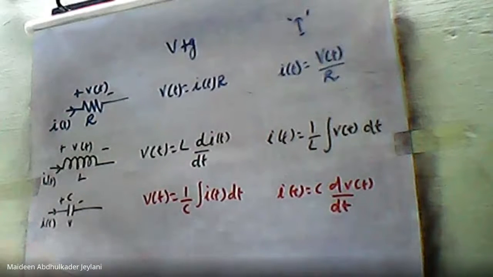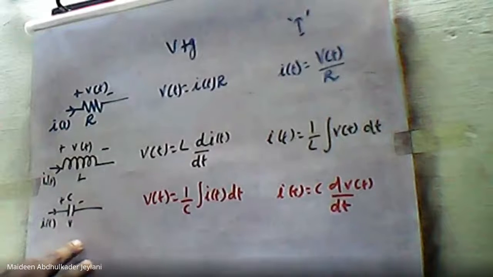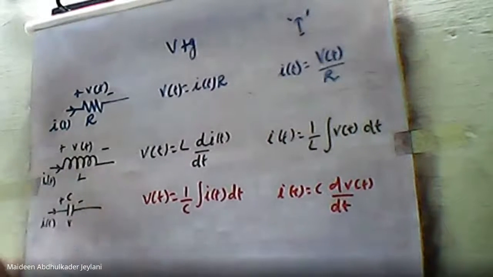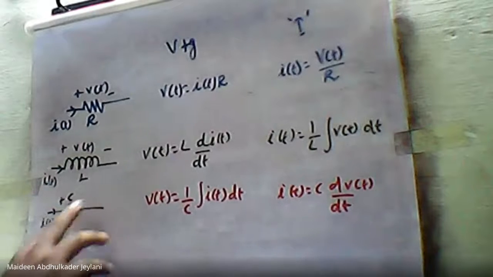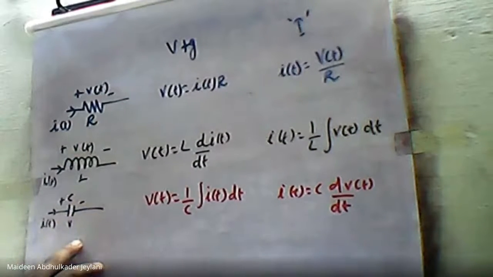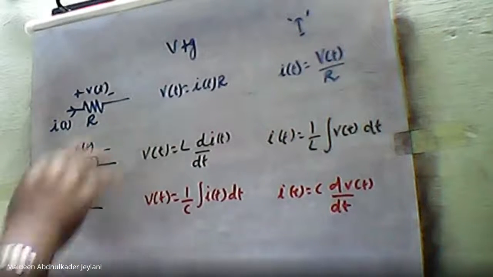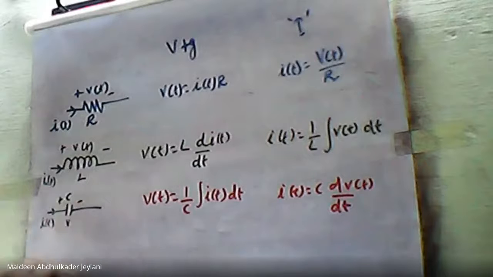For modeling of any electrical system, the equivalent circuit can be formed with the help of R, L, and C, connected with the source, which may be either a voltage source or a current source.